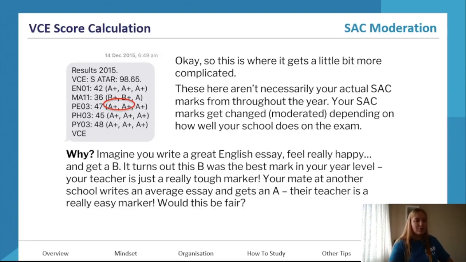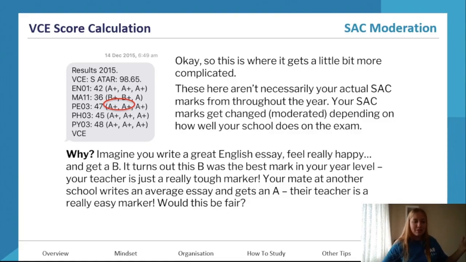Should that disadvantage you? No. But then you have your mates at another school who write a very average essay and get an A because their teacher is a really easy marker. So because this isn't fair, VCAA will look at how well your school, your cohort doing that subject, did on the exam, and then adjust your SACs, either higher or lower.